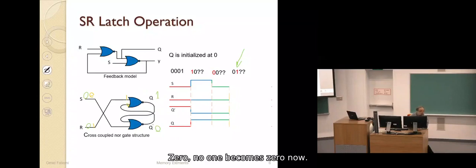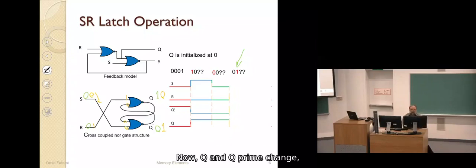So 0 nor 1 becomes 0 now. And then from here we have 0, and from here also we have 0. Here is 0, 0, 0. So 0 nor 0 is 1.